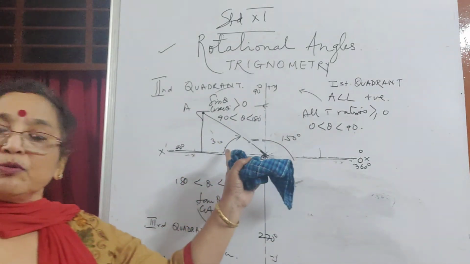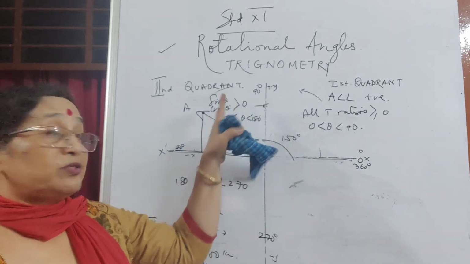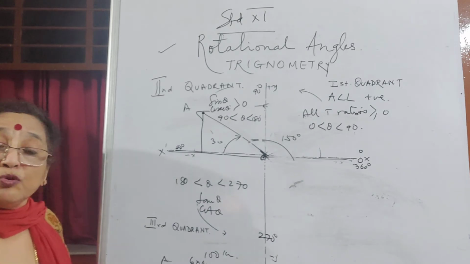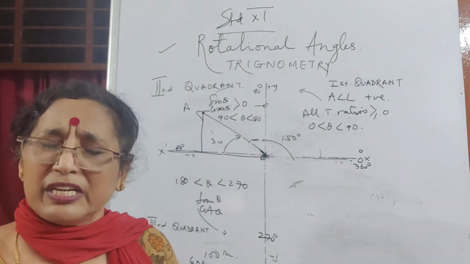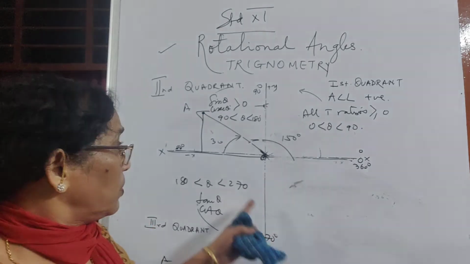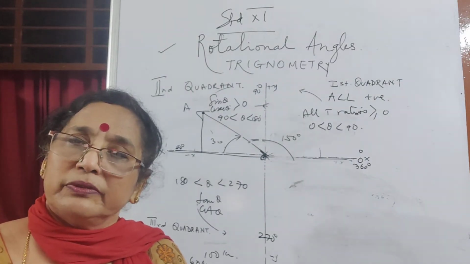Naturally, when I'm talking of the second quadrant, I'm talking of obtuse angles. So here theta is an obtuse angle, right? Now tan of 210 degrees, tan of 225 degrees, tan of 190 degrees, and cot will be positive, right?